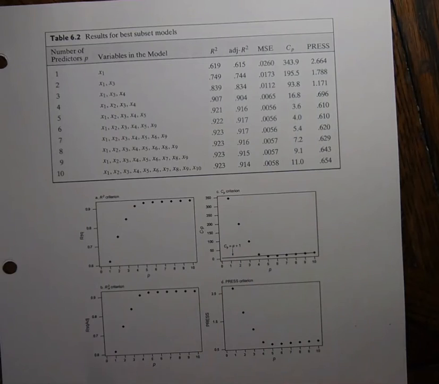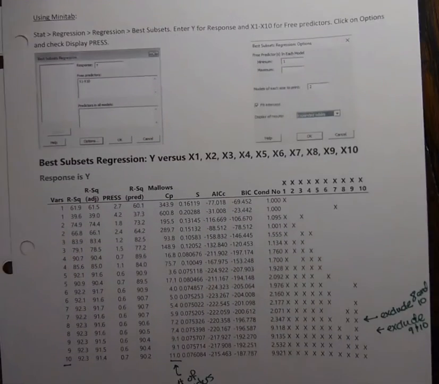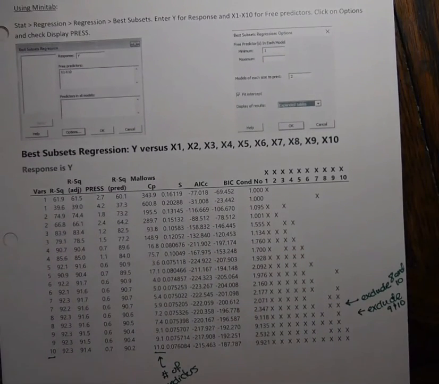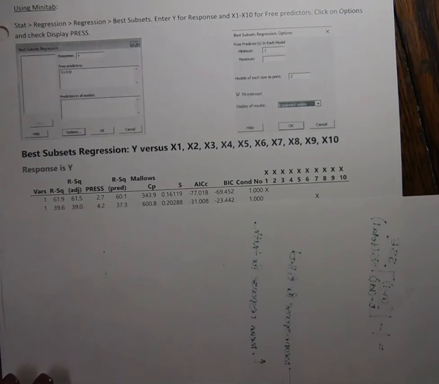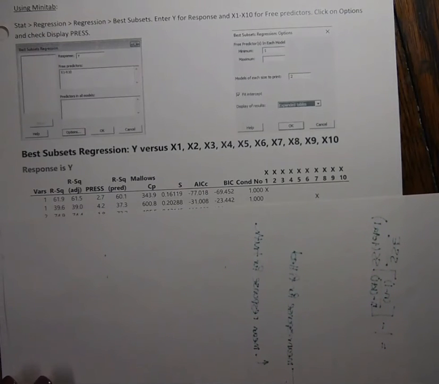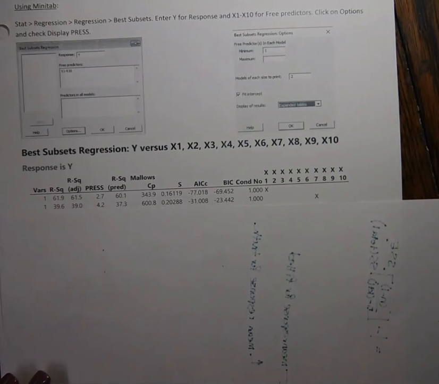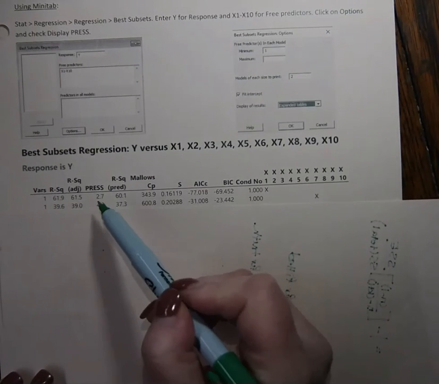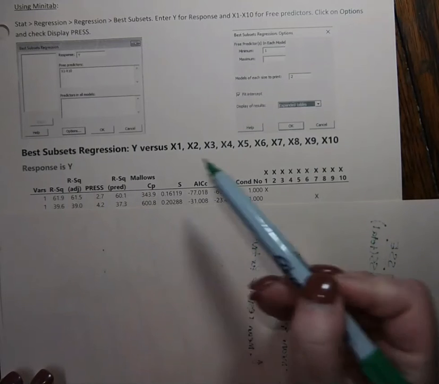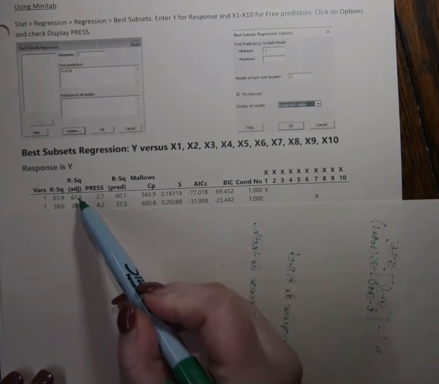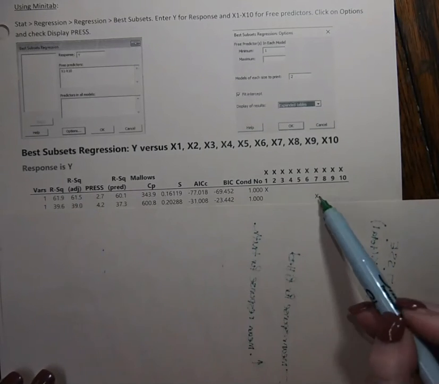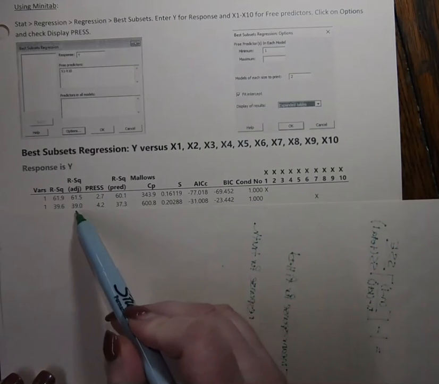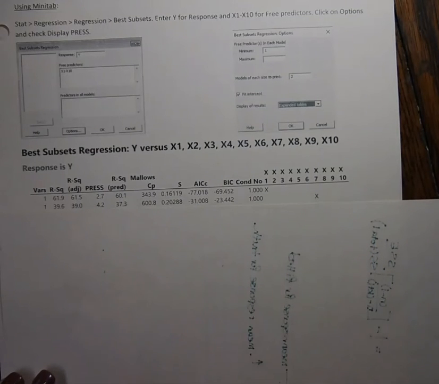And if we go back to our output, looking at those models with one variable, we can see that when we have x1 in the model, we've got an R squared of 61.5, and when we have x7, we've got an R squared of 69. So that's an obvious drop there.